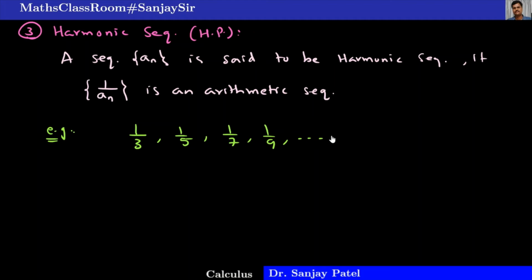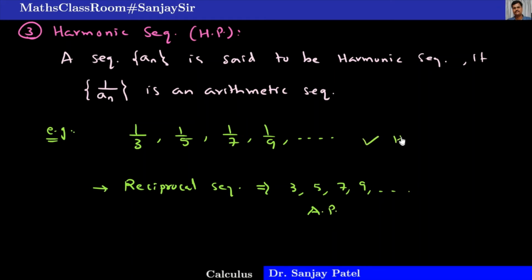Suppose this is the given sequence, then the reciprocal sequence is given by 3, then 5, then 7, then 9, and so on. So this is an arithmetic sequence or arithmetic progression. Therefore, the given sequence is a harmonic sequence or harmonic progression. So a harmonic sequence is defined like this.